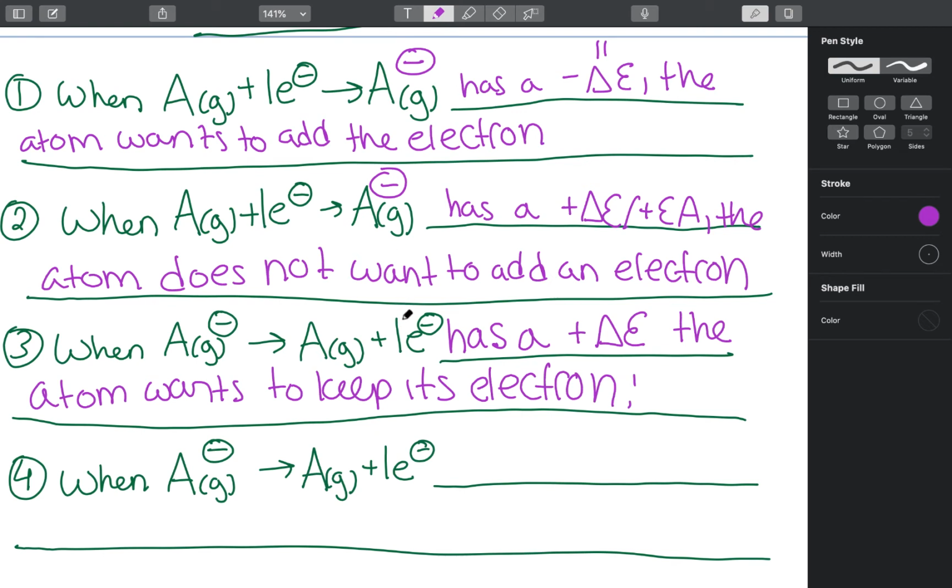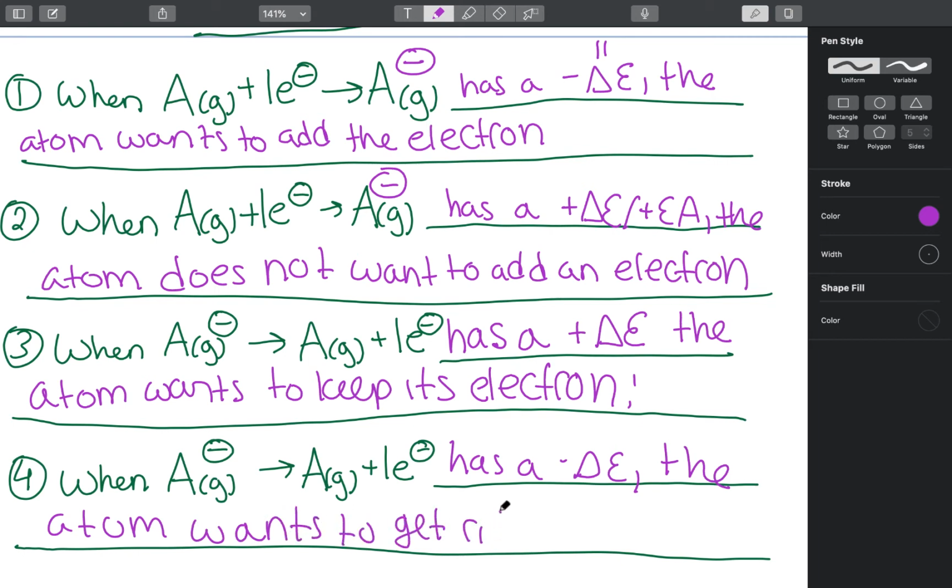And that's because when it has a positive delta E or a positive electron affinity, the product is more unstable than the reactant, therefore it wants to keep its electron. However, when this process has a negative delta E, the atom wants to get rid of its electron.